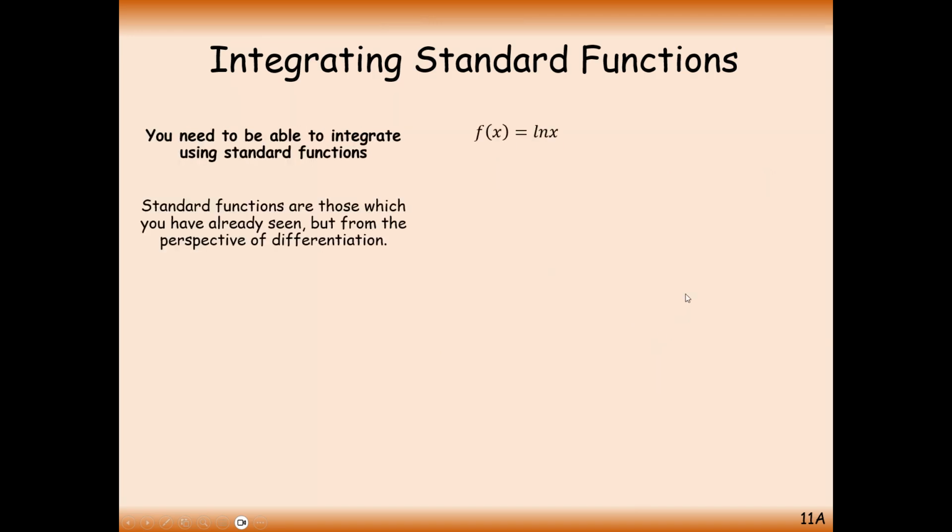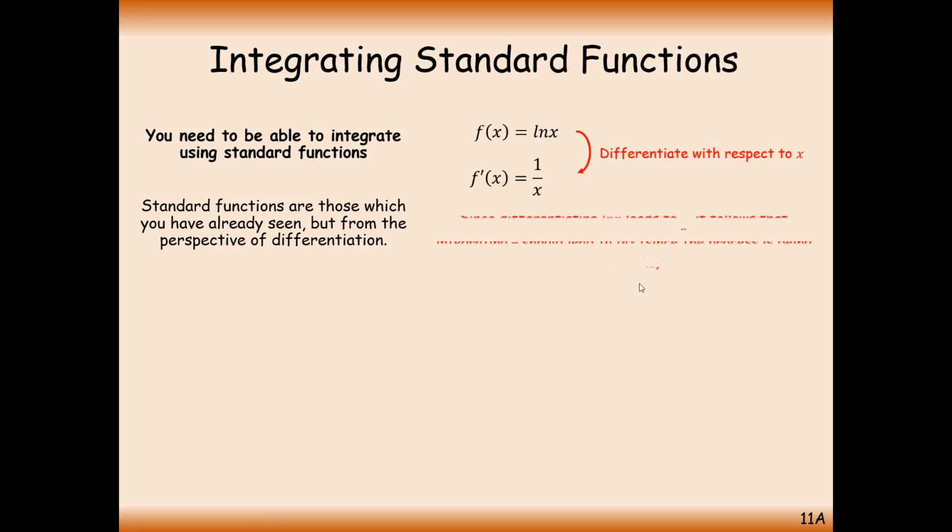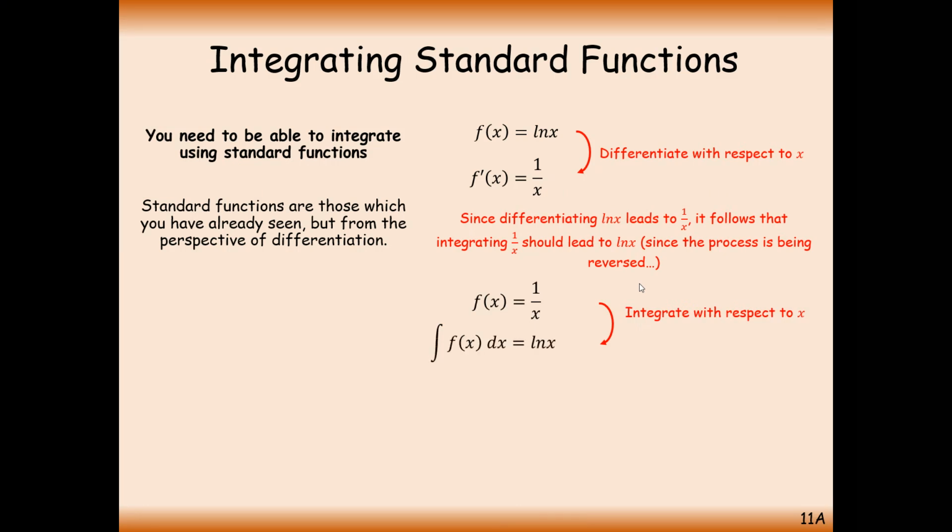Here we are told that the function is logarithm of x, and we know that the derivative of that is 1 over x. So if we had to integrate 1 over x, which is the derivative, we will get log of x, and we will add a plus c to the end of that.